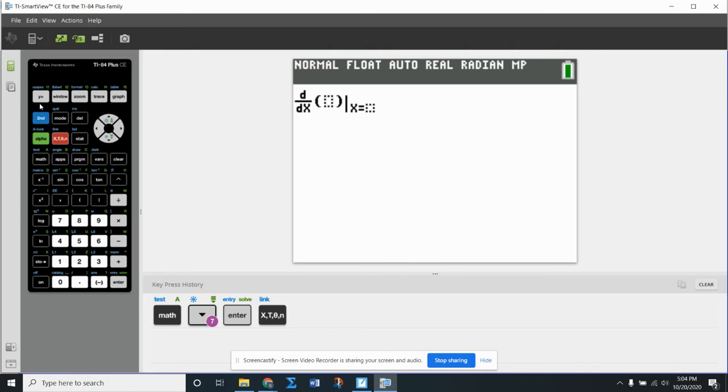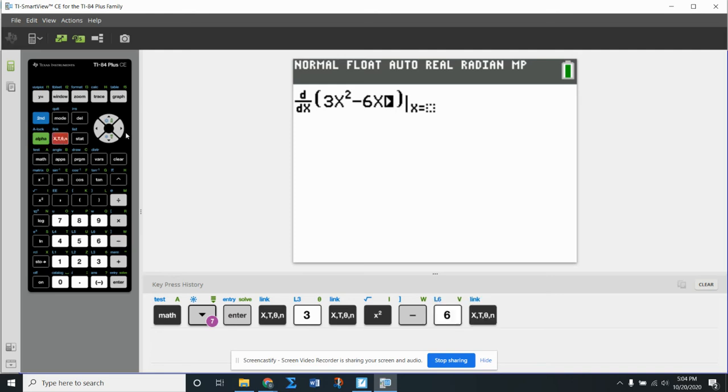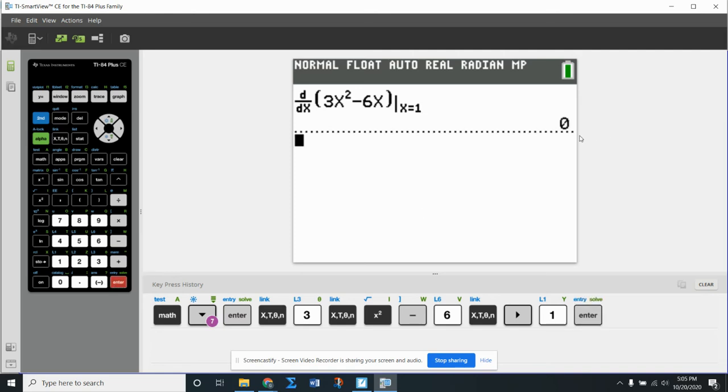I'll choose the same function I typed in before, 3x squared minus 6x. Then it asks what x value you want to find the derivative at. If I chose 1, it would evaluate the derivative of this function at 1. That's not the derivative function, that's the value of the derivative.